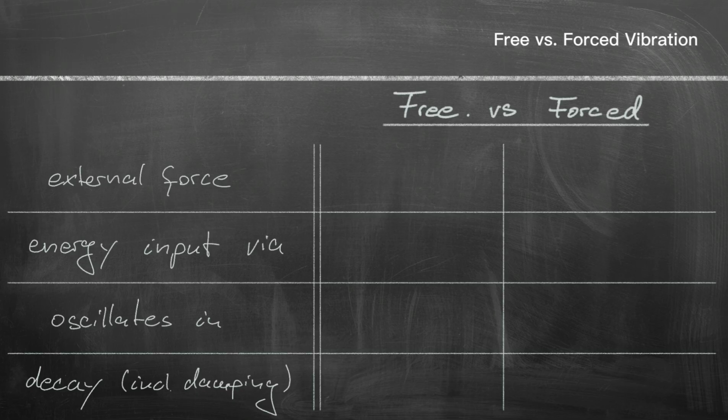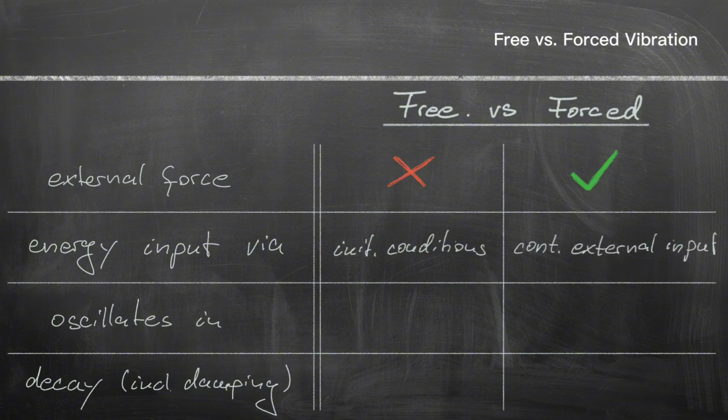Finally, here is a short overview of the main differences between free and forced vibration. An external force occurs only in the forced vibration. The energy input in the free vibration comes solely via the initial conditions, whereas in the forced vibration, there is a continuous external input.